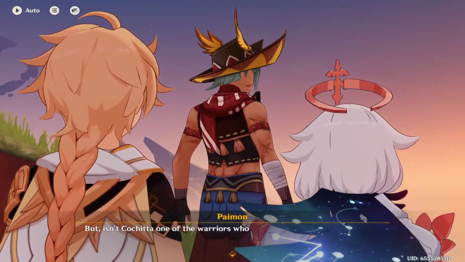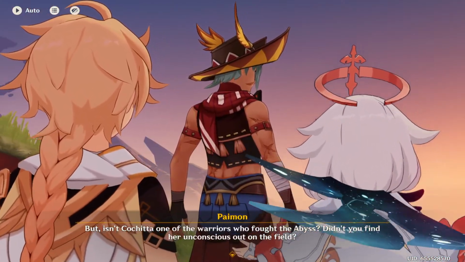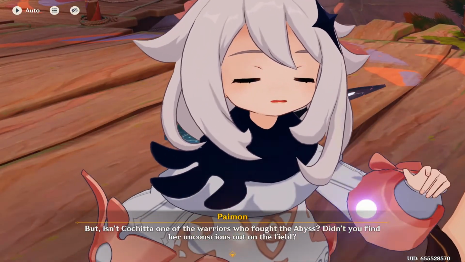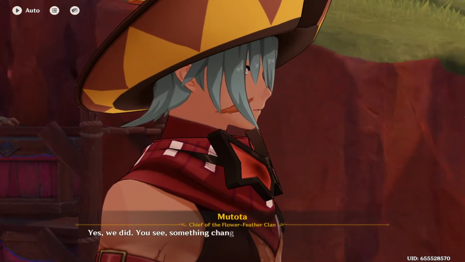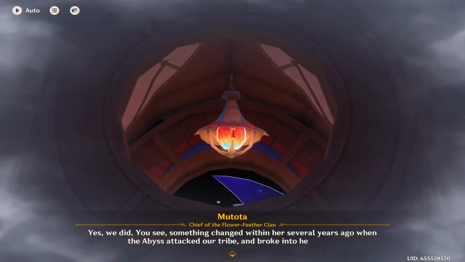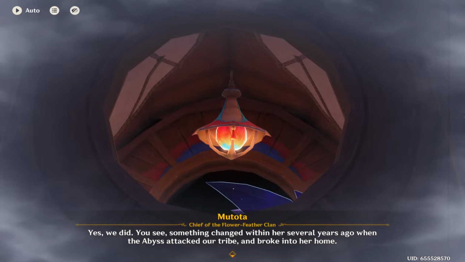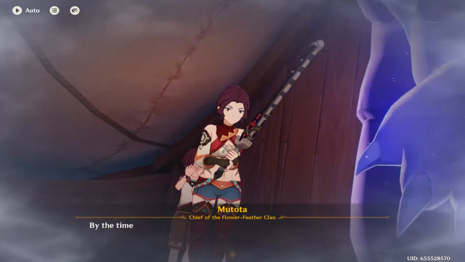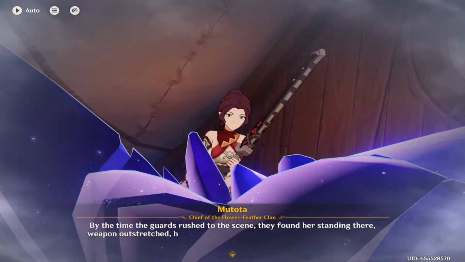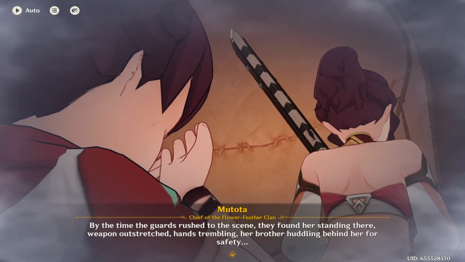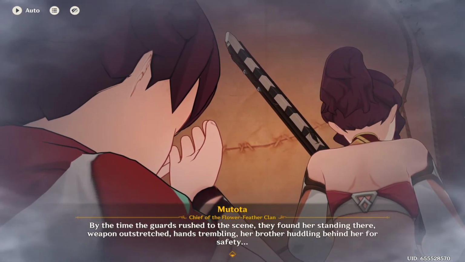But isn't Kochita one of the warriors who fought the Abyss? Didn't you find her unconscious out on the field? Yes, we did. You see, something changed within her several years ago when the Abyss attacked our tribe and broke into her home. By the time the guards rushed to the scene, they found her standing there, weapon outstretched, hands trembling.